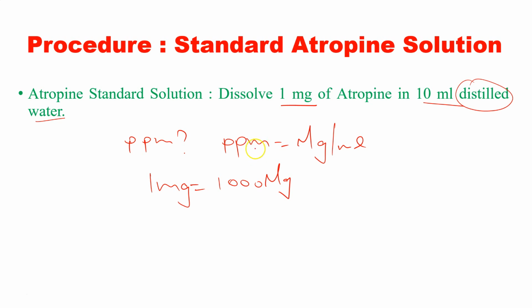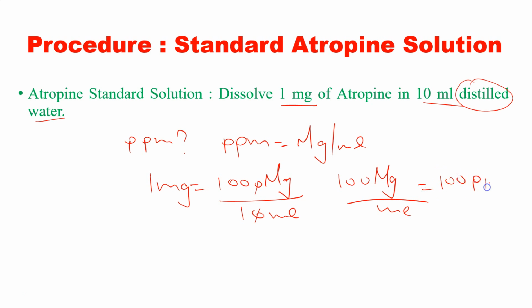So 1000 microgram is to be dissolved in 10 ml distilled water. So it becomes 100 microgram per ml. 100 microgram per ml means it will be a 100 ppm solution.